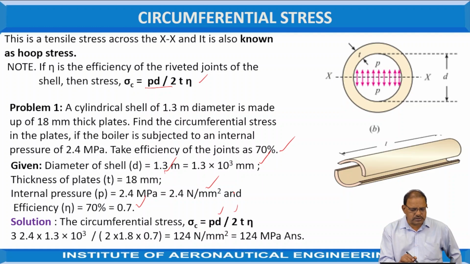Substituting these values in this equation we get 2.4 into 1.3 into 10 to the power of 3, divided by 2 into 18 into 0.7. From this relationship we got 124 newton per mm square, which is equal to 124 megapascal.